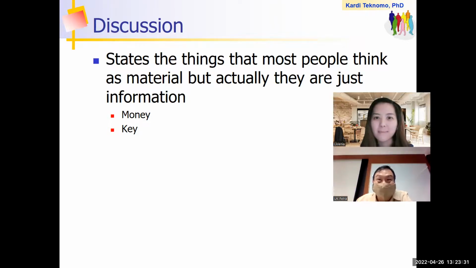Student ID, very good. So ID is information or material? Information. ID is actual information, so you don't need to have a card. Those cards are just to show your information. You don't actually need that.